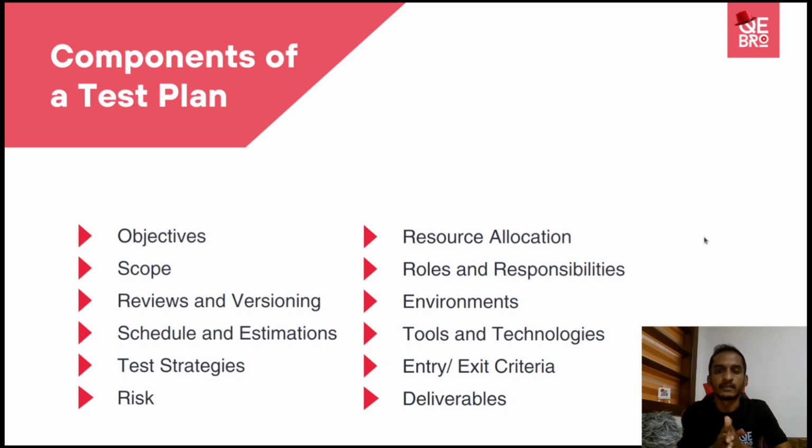So for entry criteria, maybe we can have different dependencies with other teams as well. For example, a separate project team is working on one component, and that component needs to be available before we start our testing at this stage. Maybe the login part, let's say. So we are doing SSO login, and the SSO integration is done by a separate team.